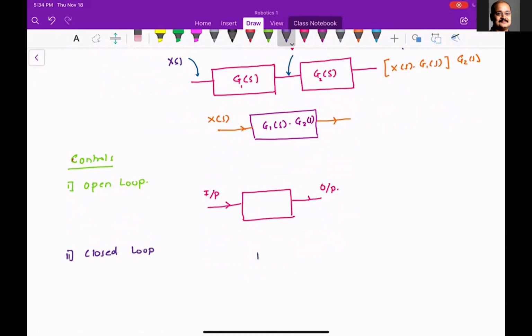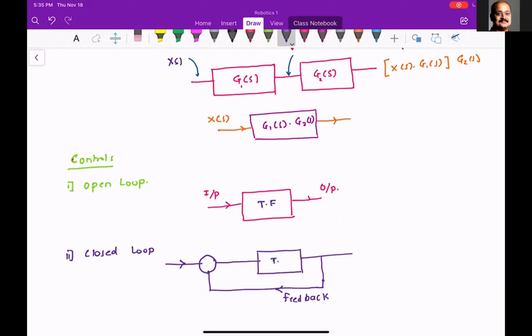In closed loop, you take a sample from the output and combine it with the input. So basically you have something called feedback, and this could be a transfer function.